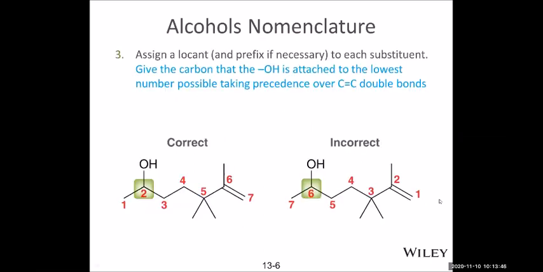If there's more than one functional group, such as a double bond, the hydroxy group is higher in the naming hierarchy. So the named compound will still need to keep the longest chain with hydroxy, give the lowest number as possible instead of the double bond. So that's quite a difference.